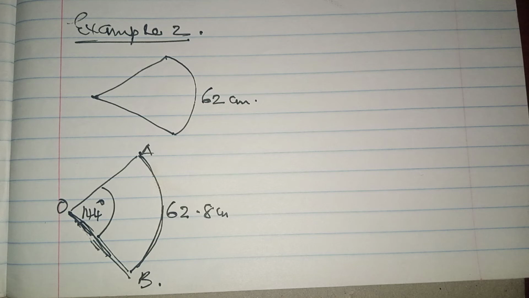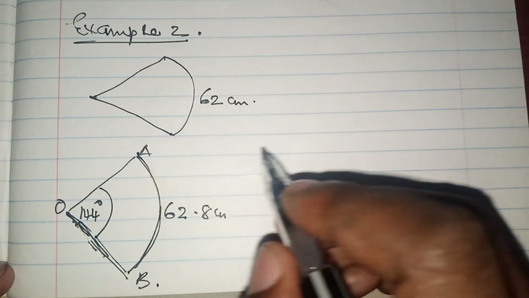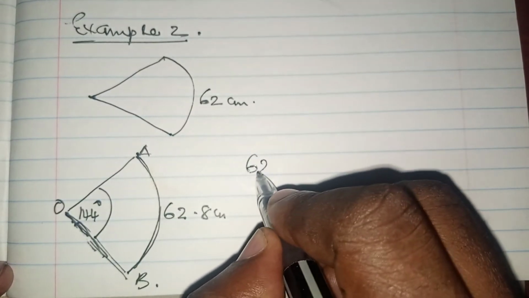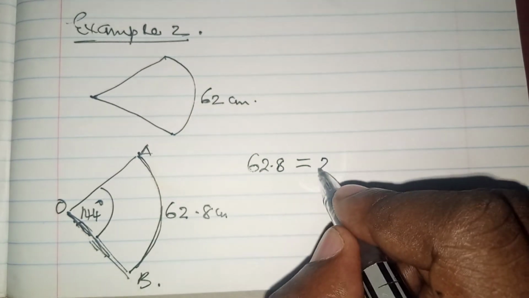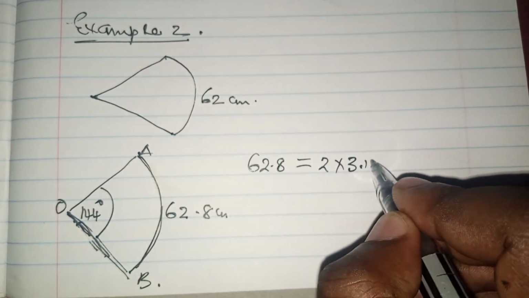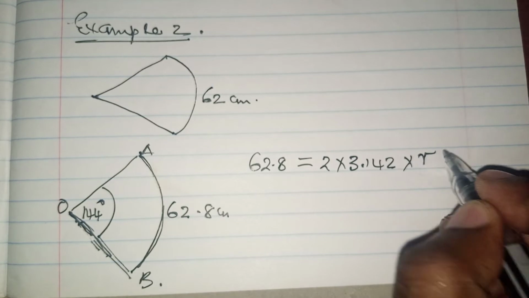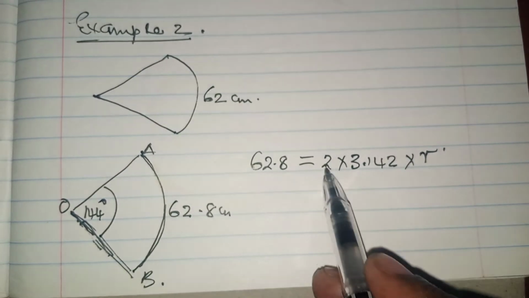Find the radius of the circle if the arc subtends an angle of 144 degrees at the center of the circle. And we are told, take pi to be 3.142. So we know that very well, 62.8 is given by 2 times pi, 3.142, times the radius, 2 pi r.